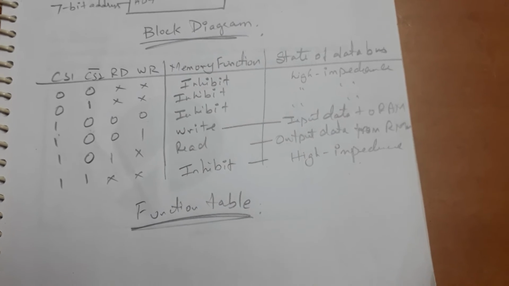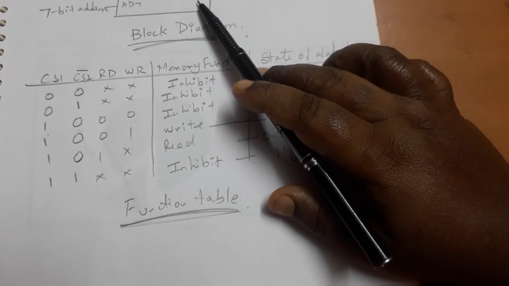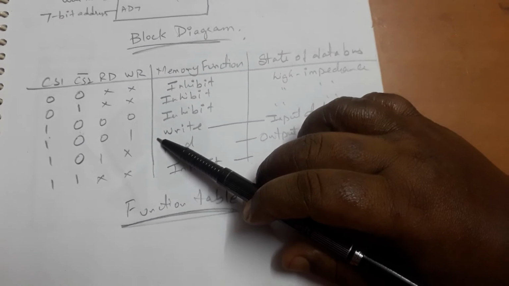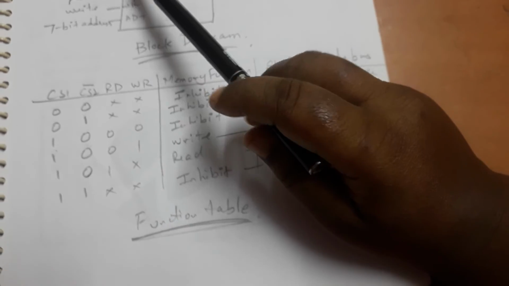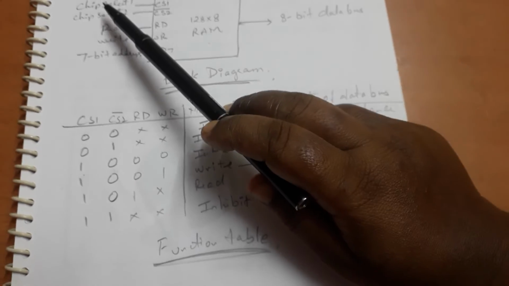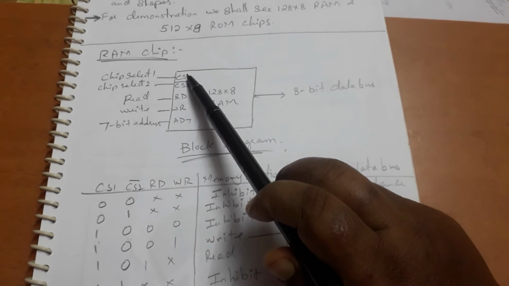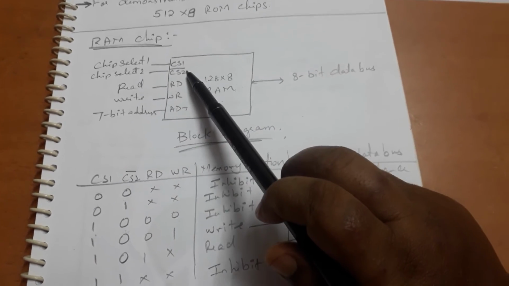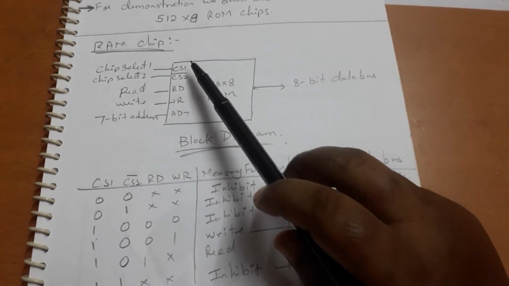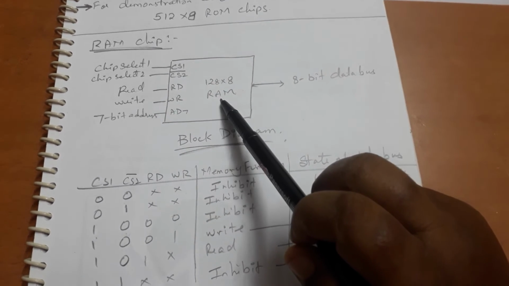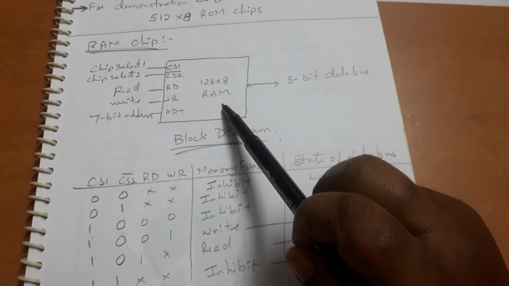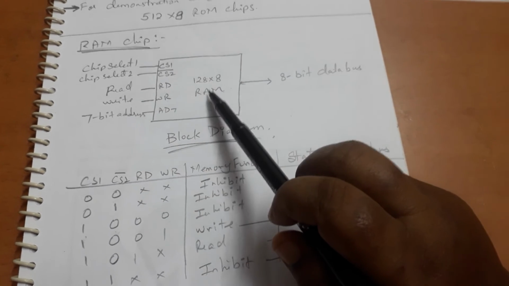If you want this RAM chip to be enabled, the values you have to apply are 1 at chip select 1 and 0 at chip select 2. That is when this RAM chip will get switched on, and then you can work with it.